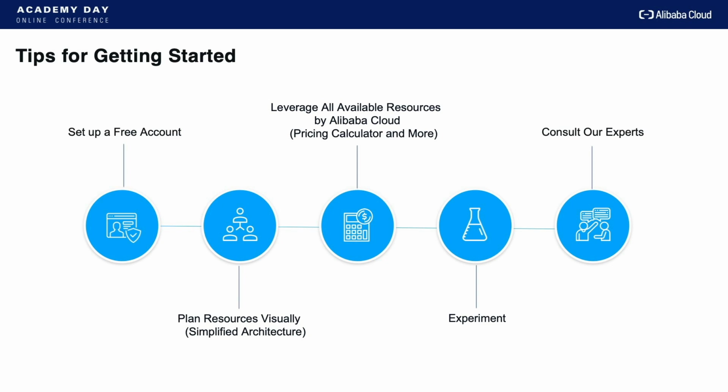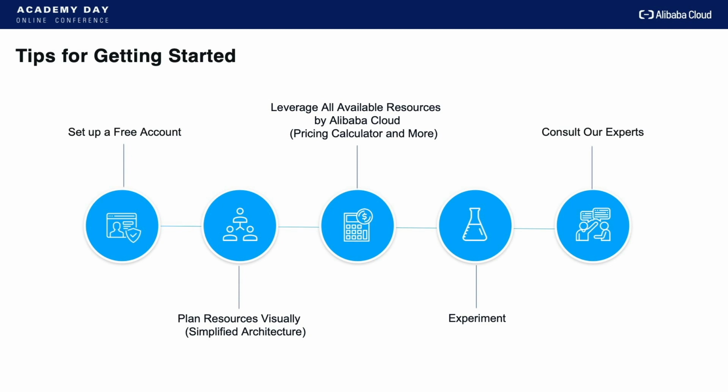You should leverage all available resources provided by Alibaba Cloud. This includes our pricing calculator and our documentation center. Once you have a rough plan ready, you should experiment with your setup based on your own business needs. To avoid your account incurring any additional or unnecessary charges, you can consider using our free trial to run your experiments.